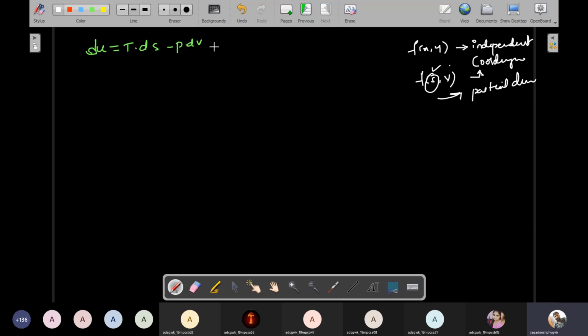Suppose here entropy and volume are both independent coordinates, then definitely we are applying partial derivatives to the above equations.